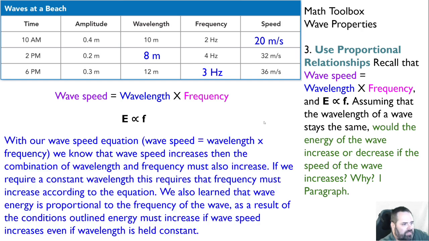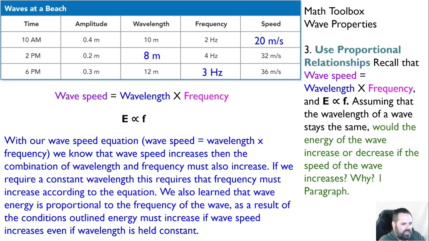With our wave speed equation, we know that wave speed is equal to wavelength times frequency. We know that if the wave speed increases, then the combination of wavelength and frequency must also increase. Here we've required a constant wavelength. This means that we have to have the frequency increase, right?